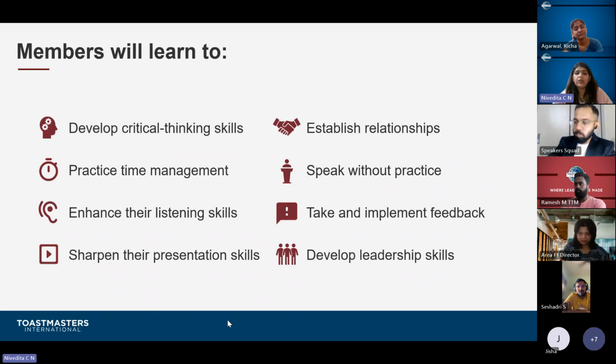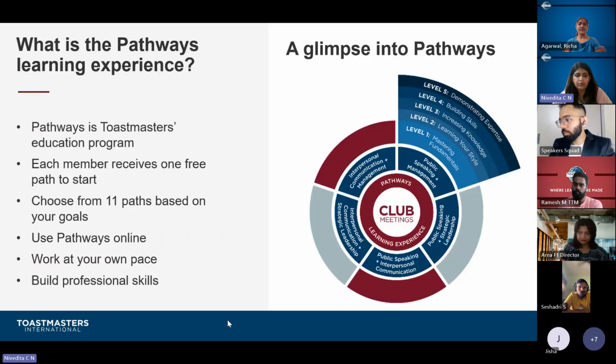Now, we know the different kinds of skills that we are going to get by joining Toastmasters, but what are you supposed to do once you join in order to gain those skills, right? Once you join Toastmasters, you will have to take an assessment and select the skills that you want to focus on and improve upon. Once you are done with the analysis, you will be given a list of, I think, 3 pathways that you may have to select from.